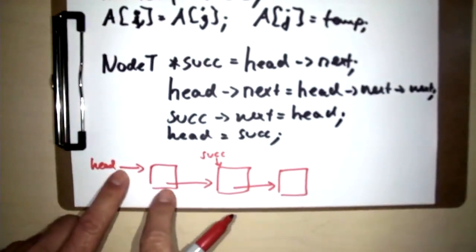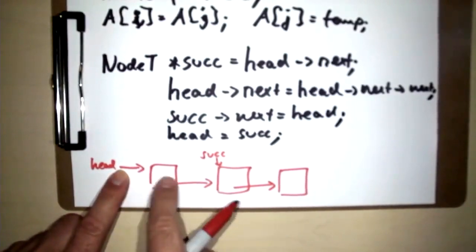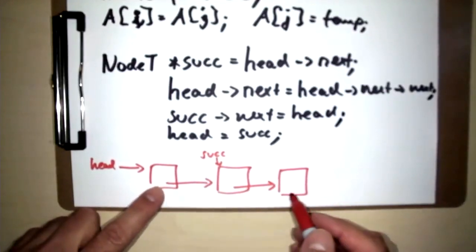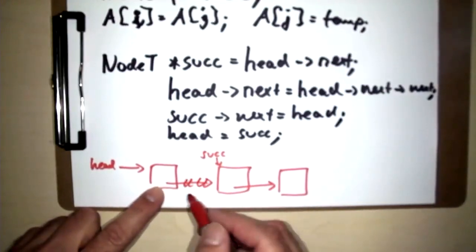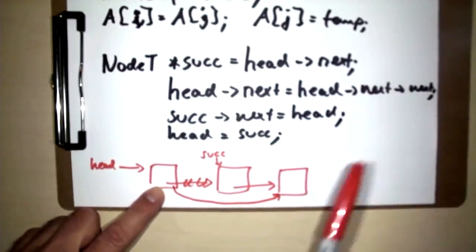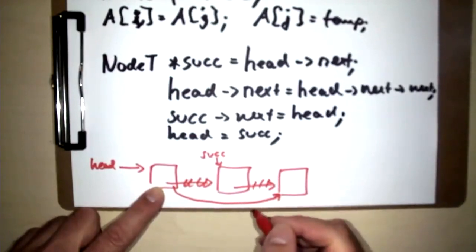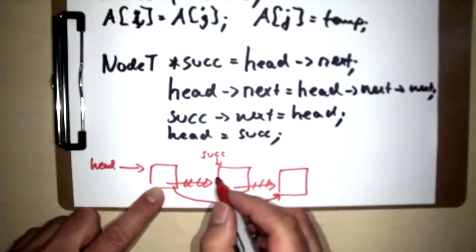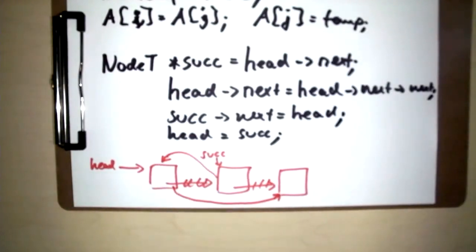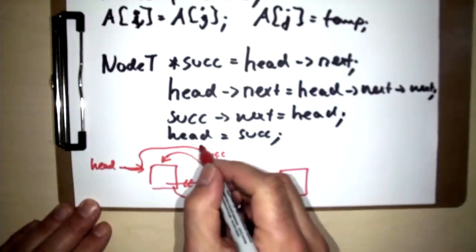Then head next is this address. This pointer here is redirected to this pointer. Then successor next is pointing to head. And then head now points to successor.